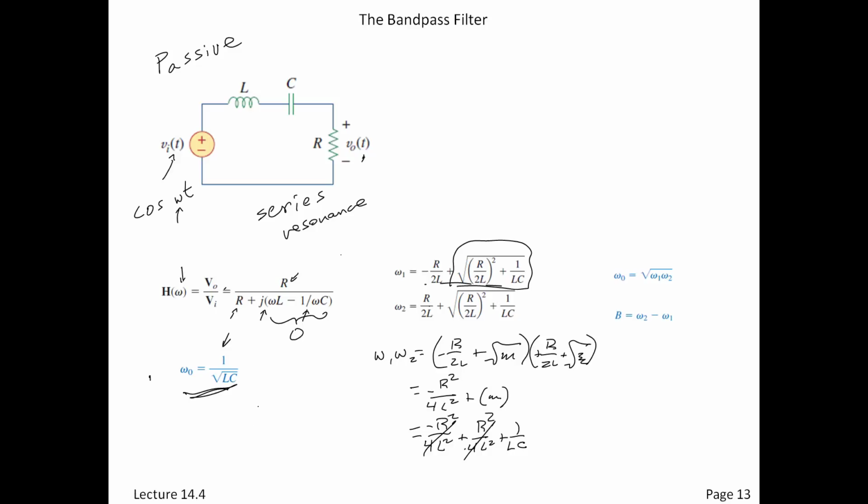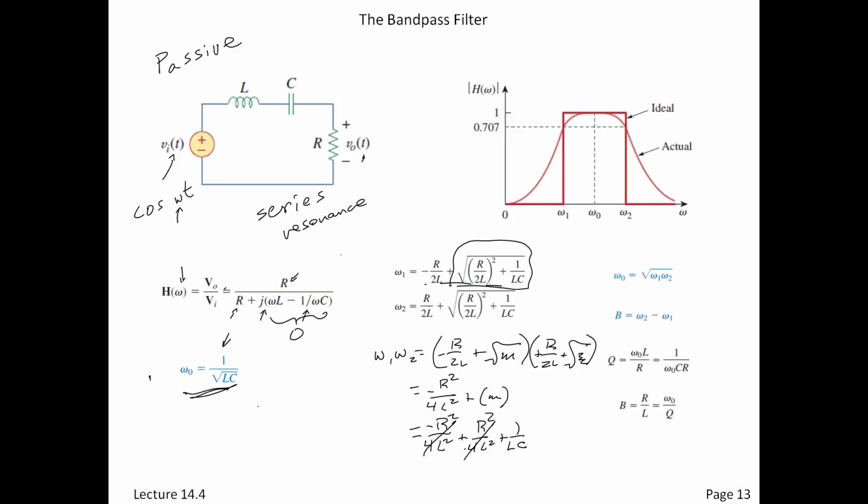So we get omega 0. The bandwidth is just the difference of those two. The Q and the bandwidth expressed as each other come straight forward. We did a lot of that from before. And so that leaves us with this chart. Now, the last time you saw this chart in series resonance, we saw a whole lot of different peak shapes here.